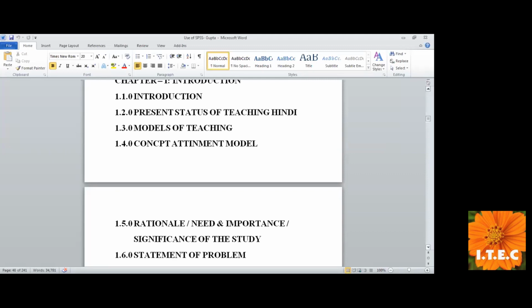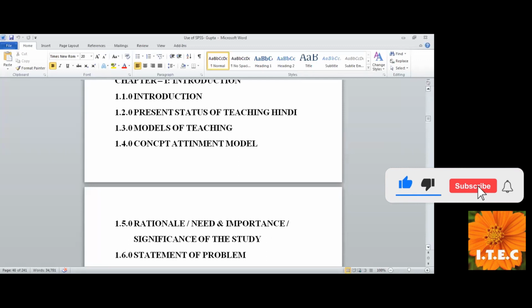And the third thing I found was that in many of the theses, the rationale or significance of the problem was written in points 1, 2, 3, 4. It was not written in paragraph form. My dear friends, these are very, very important points I'm trying to bring to your kind notice. When you are writing the rationale, it has to be in paragraph form. It cannot be in points.